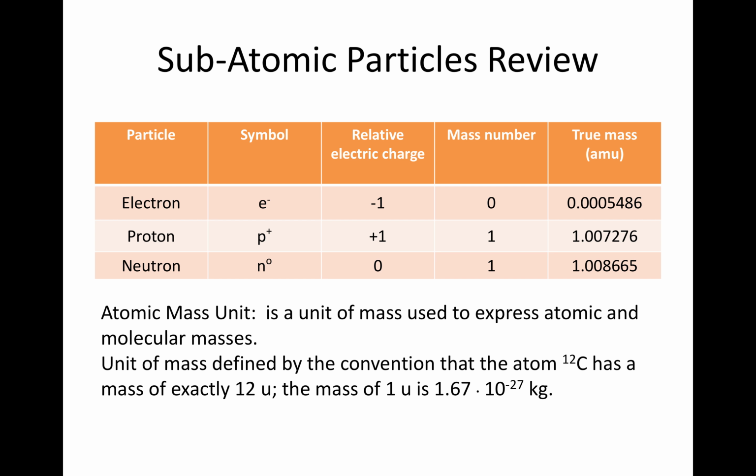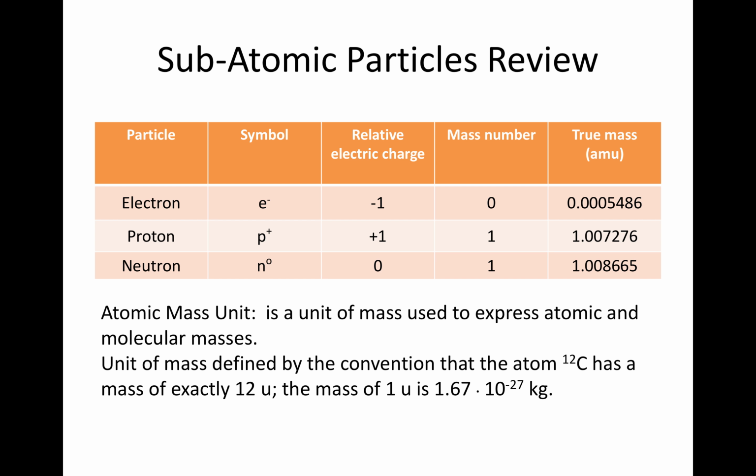So again, I said I would explain what that atomic mass unit is. An atomic mass unit is just another unit of measure for mass, and we use it when we need to talk about the mass of really, really small things. An AMU is defined by looking at a carbon-12 atom.